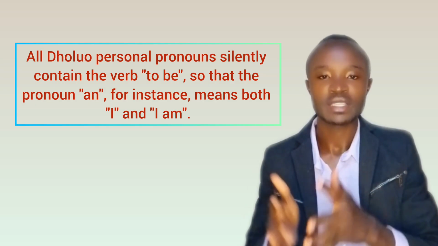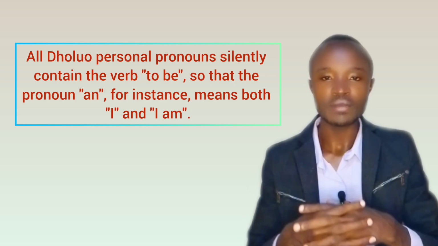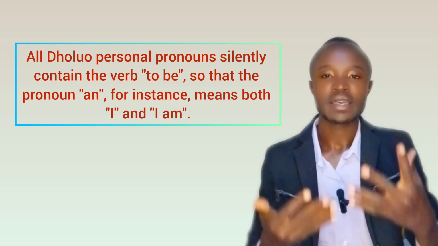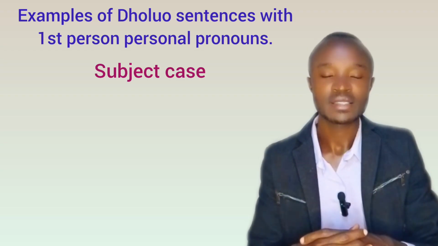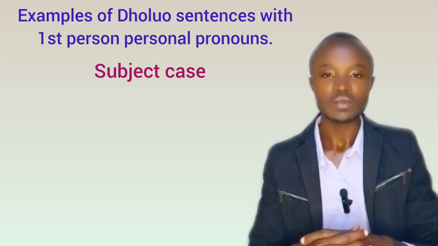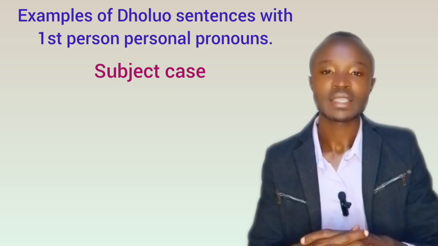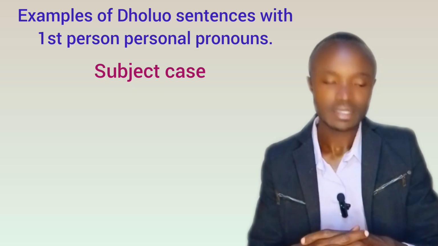That is helpful because once you know that, you don't need to struggle to create the present tense when you already have your subject personal pronoun clearly identified and well used in your sentence. So I'm going to give you examples of sentences with the subject personal pronoun case.